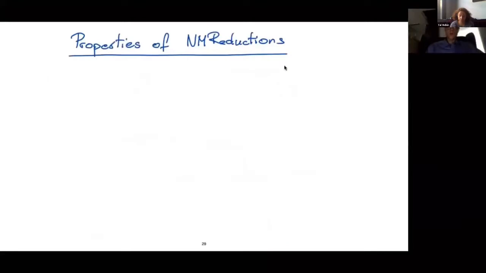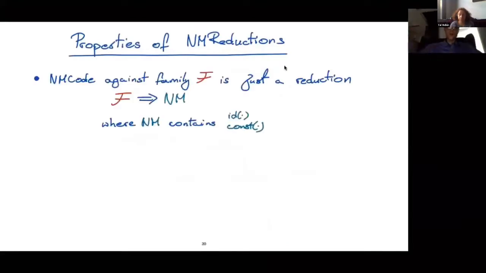Okay, so what are the properties of non-malleable reductions? So first of all, they are strict generalizations of non-malleable codes. The non-malleable code against family F can be viewed as a reduction from F to NM, where NM is the trivial family.